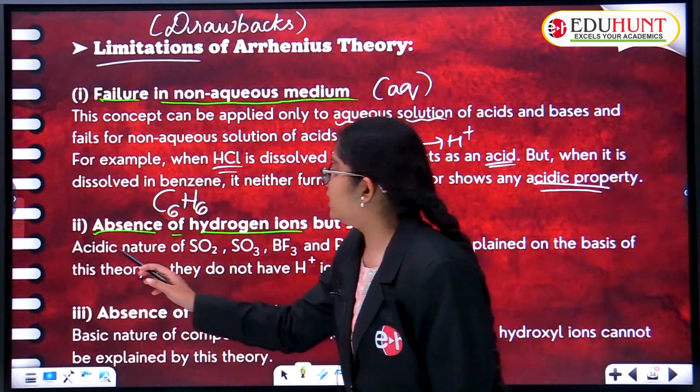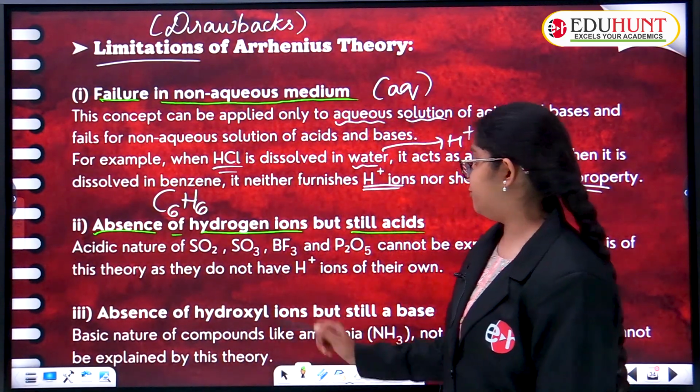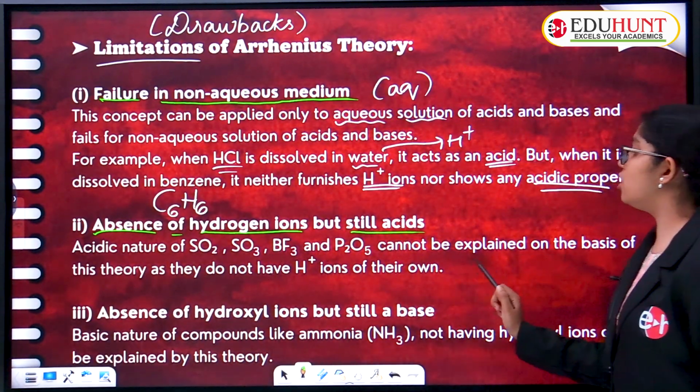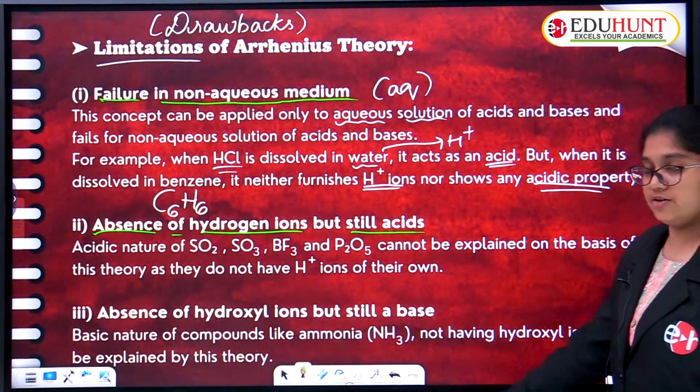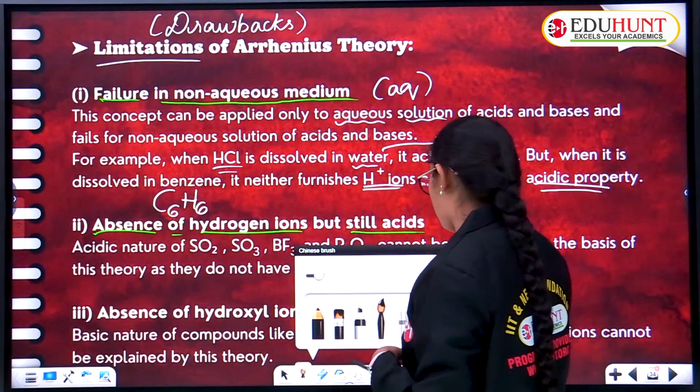Here, the acidic nature of SO2, SO3, BF3 and P2O5 cannot be explained on the basis of this theory, as they do not have H plus ions on their own.